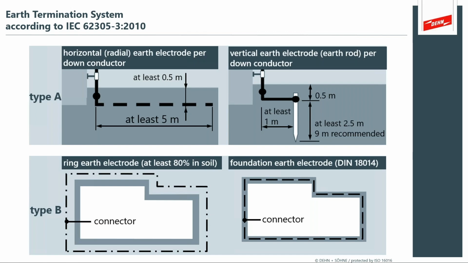The point is that you don't want it near the surface of the soil, because it'll actually provoke things like step voltage if it's too shallow. Then you want to be at least, say, a meter away from your building foundation, so that it's getting into the soil instead of just directly influencing the building again. And for the ring electrode, at least 80% of that ring needs to be buried to the appropriate depth.